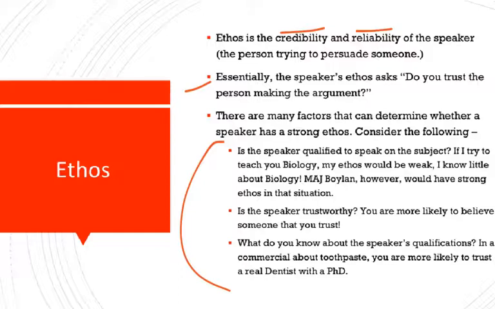If I'm giving a speech about biology, I'm obviously not going to have a strong ethos. I don't know hardly anything about biology, so why would you believe me or trust me when I talk about biology? Now, if Major Boylan were speaking about biology, she would obviously have a much stronger ethos because she is more knowledgeable and more credible when talking about that subject.